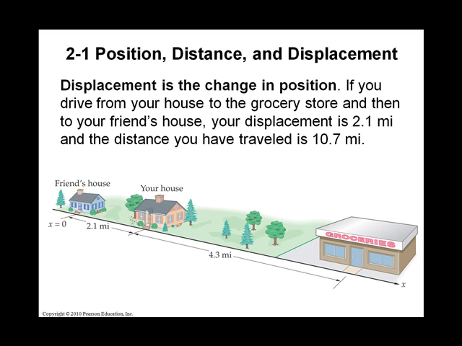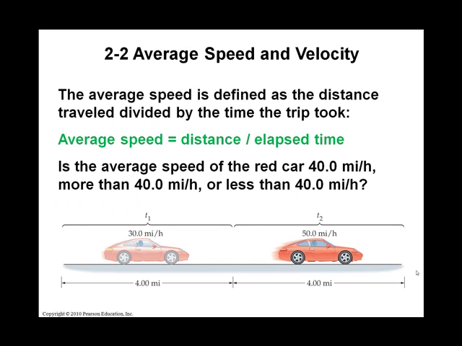But the total distance that you traveled was 10.7 miles. So your displacement is your change in position, and that's when that reference comes into place, right? You have to know where your start point is, and you have to know what your coordinate system is. Which way is positive, which way is negative. Displacement is a vector quantity.